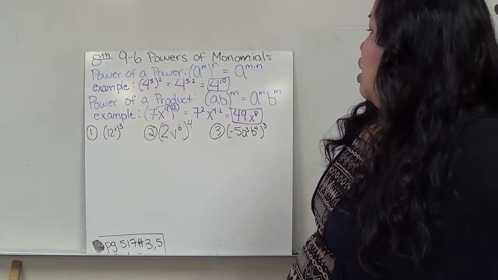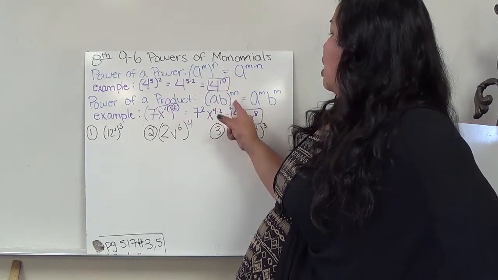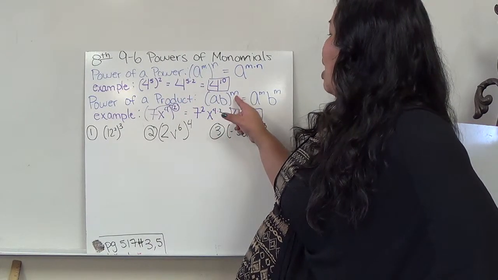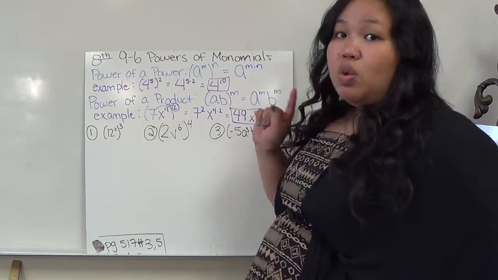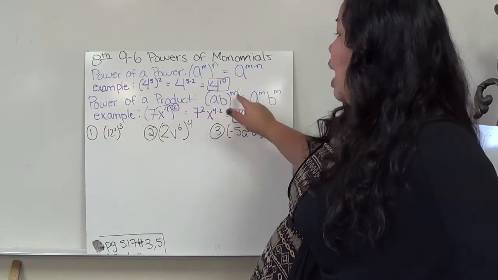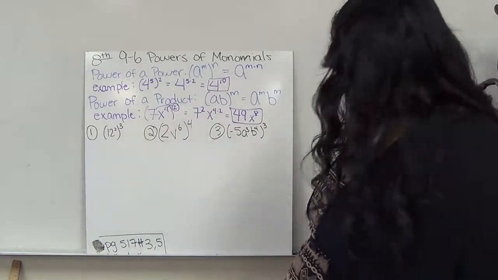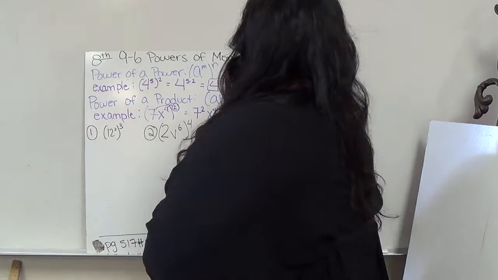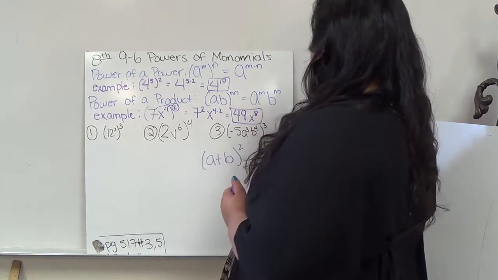Now, this can also apply if I have parentheses. But if I have (a plus b) to the power of 2, I cannot do this. It's not the same rule.